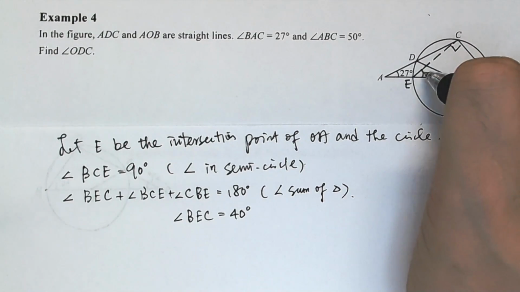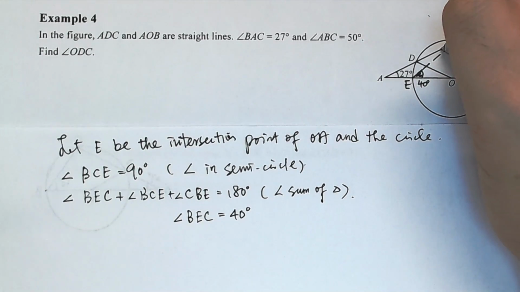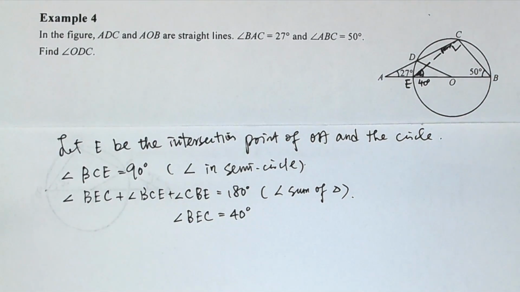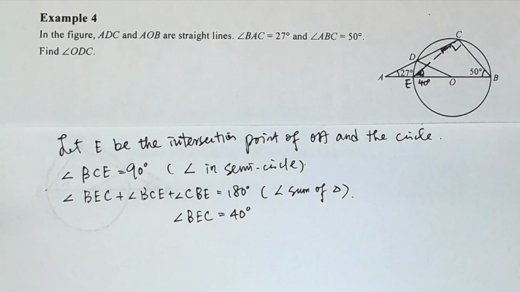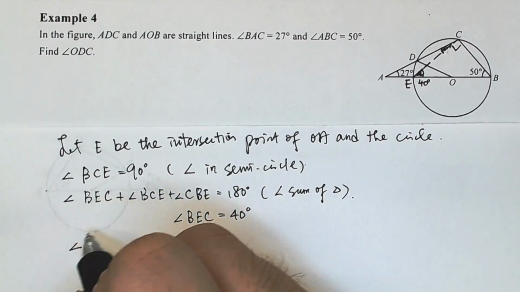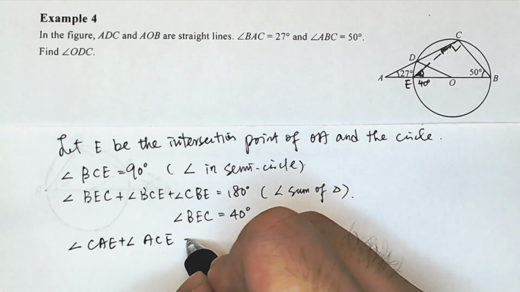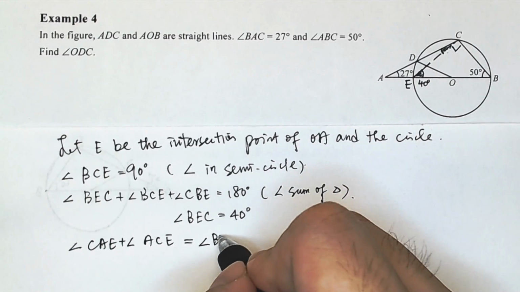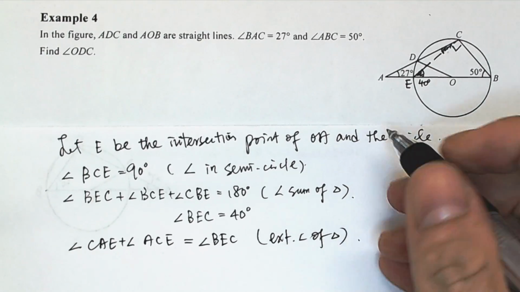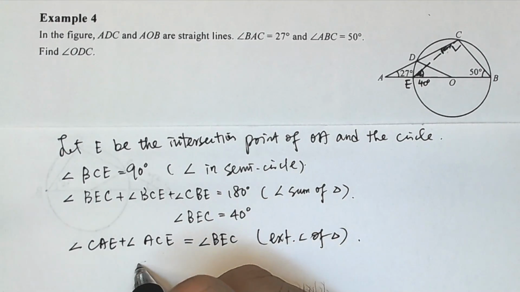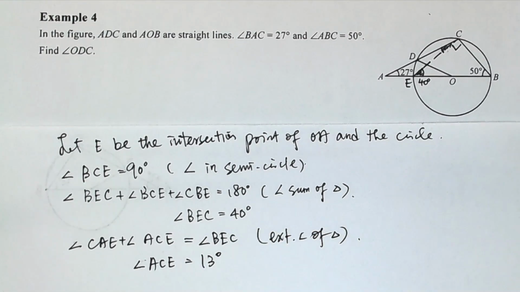After knowing that this angle is 40 degrees, we can find the angle ACE here, because we have 27 degrees together with this, and the sum is 40 degrees. Now angle CAE plus angle ACE is equal to angle BEC, exterior angle of triangle. Now angle ACE is actually 13 degrees.